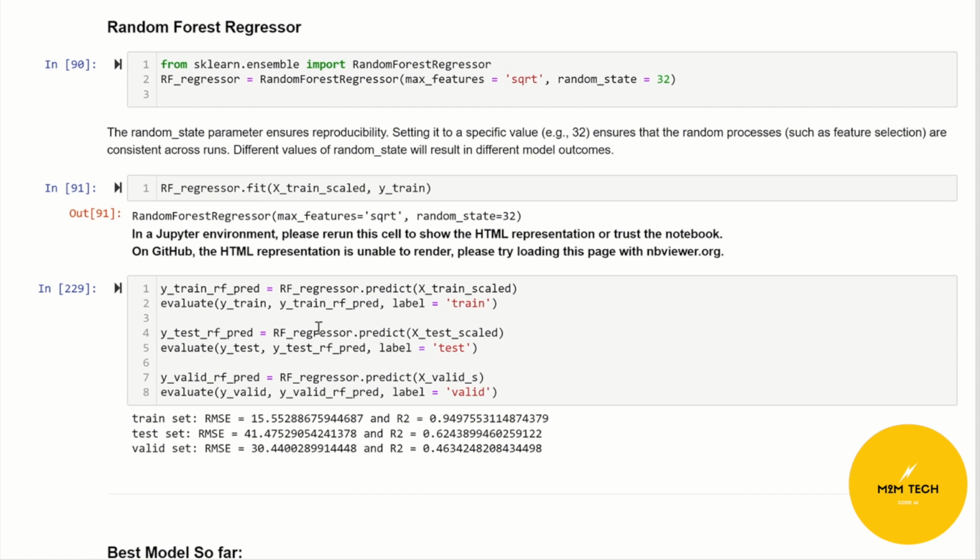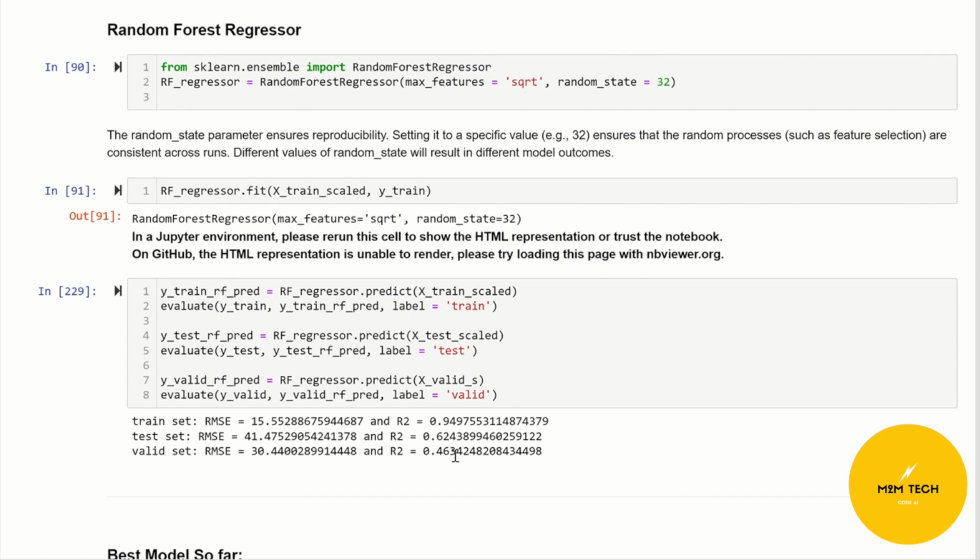And next is random forest regressor. For random forest regressor, we observed that the train set has a good efficiency. It is 0.94, or clearly 95%, which means that this model for the training dataset is able to explain 95% of the variability in the data. However, when it comes to the testing dataset and the validation dataset, the R squared is much less, which means that this model is overfitting and is not able to generalize.